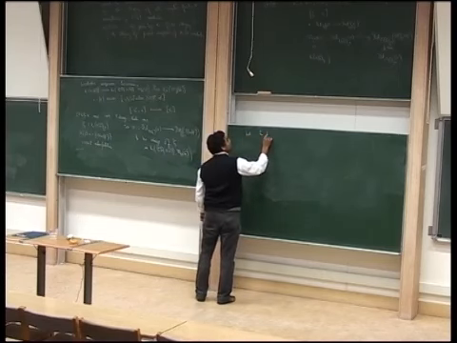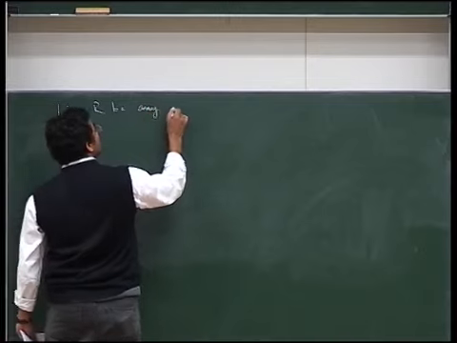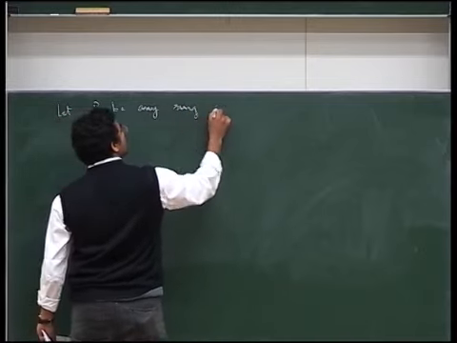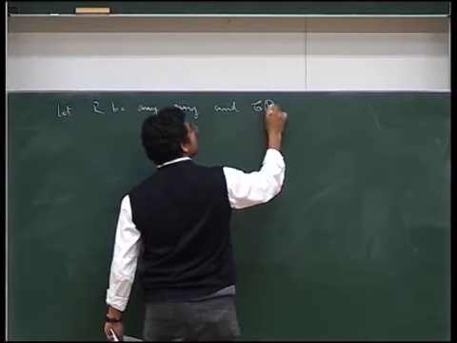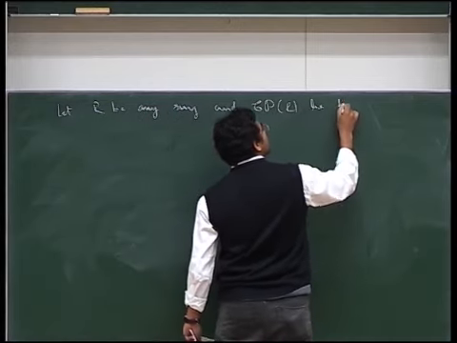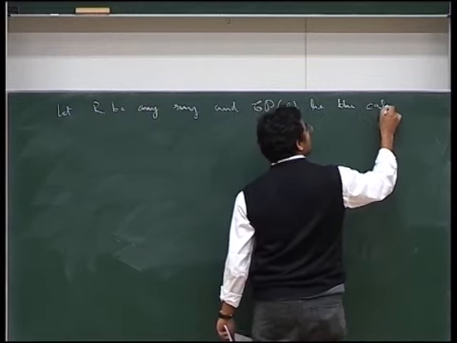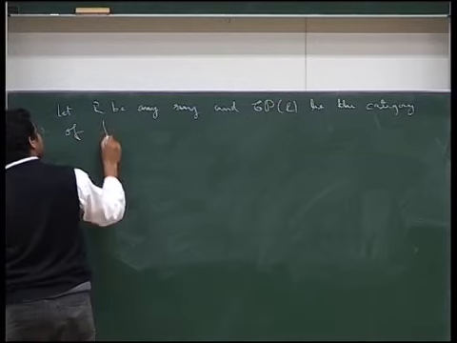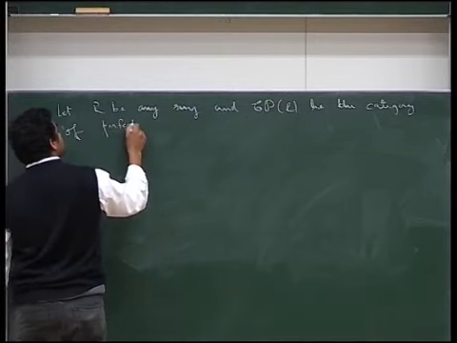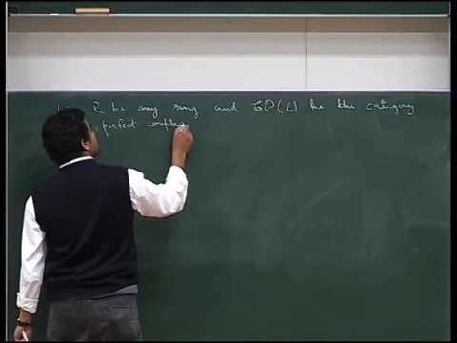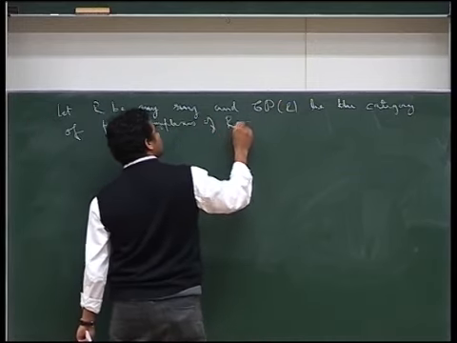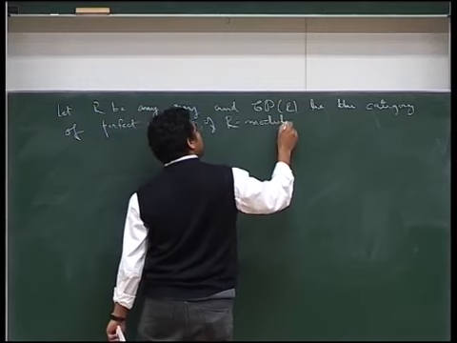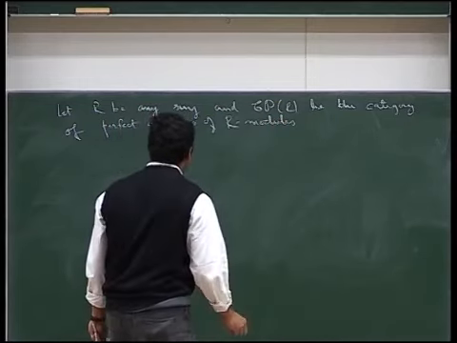So let R be any ring and CPR be the category of perfect complexes of R modules. Okay.